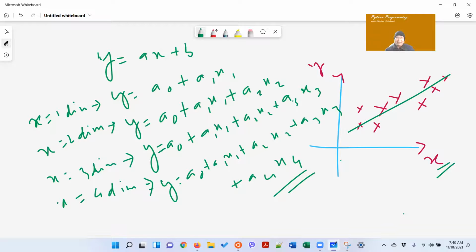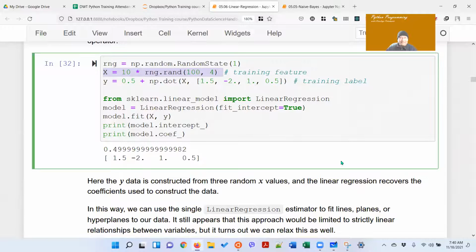High dimension मा हामीले त्यो visualize पनि गर्न सक्दैनौं.